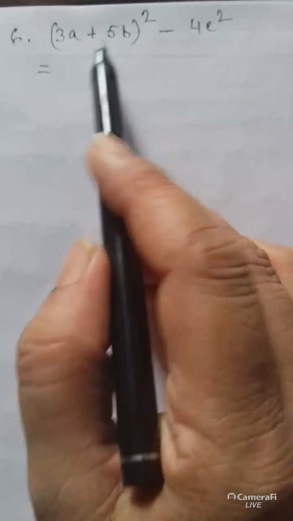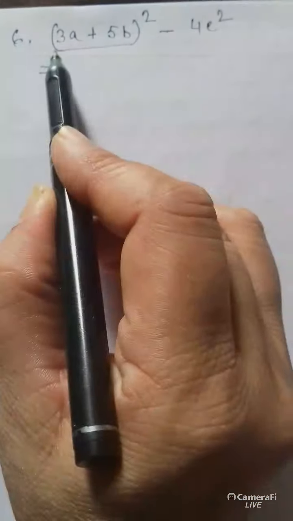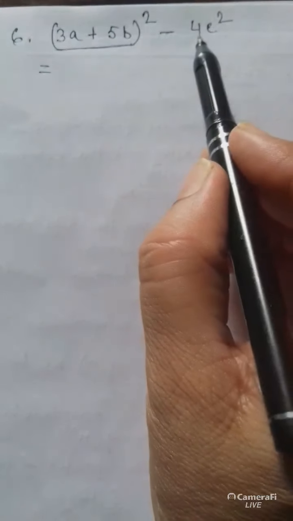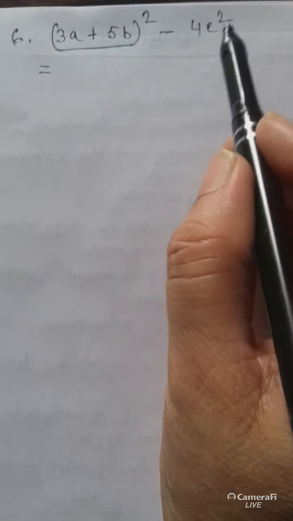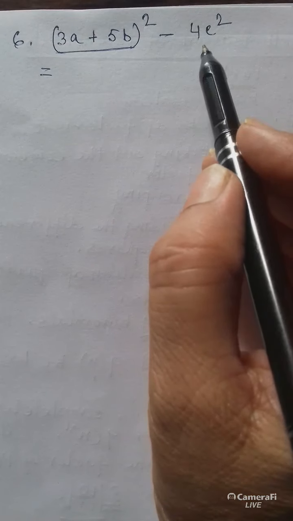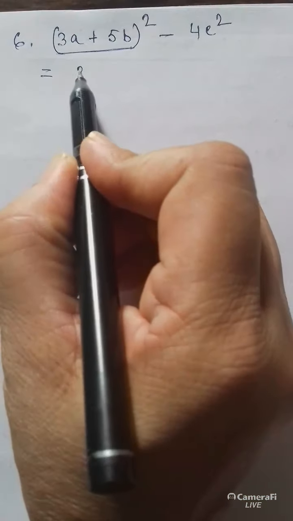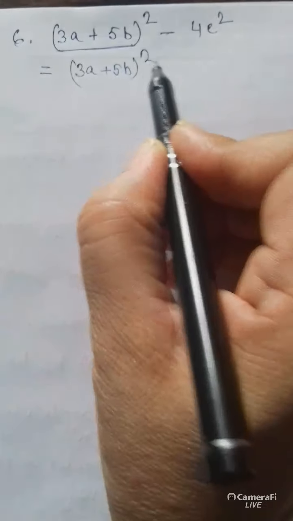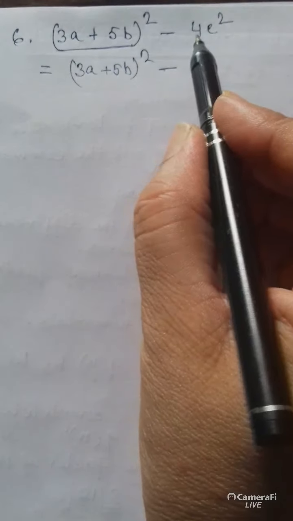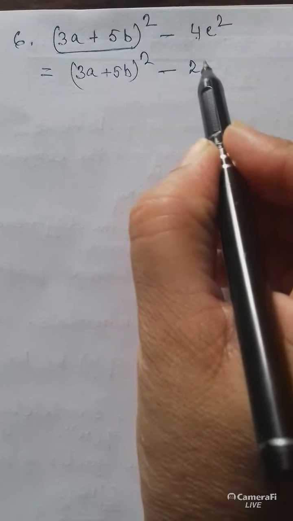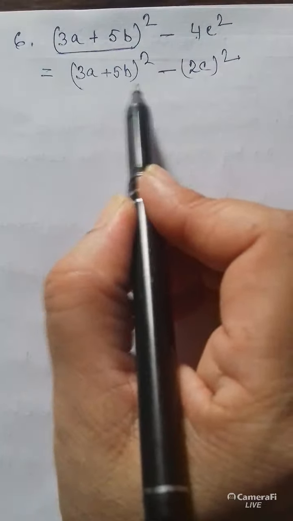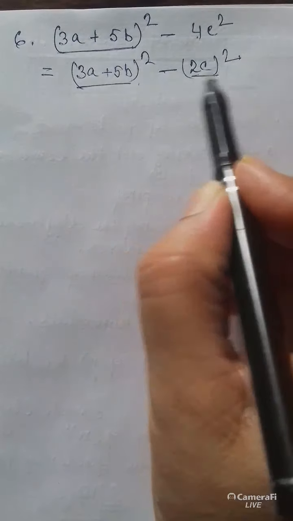Let 3a plus 5b equal to A, so A square and 4c square. 4c square is not in the square form. We have to change it to square form. 3a plus 5b whole square minus, 4 is the square of 2, 2c whole square.